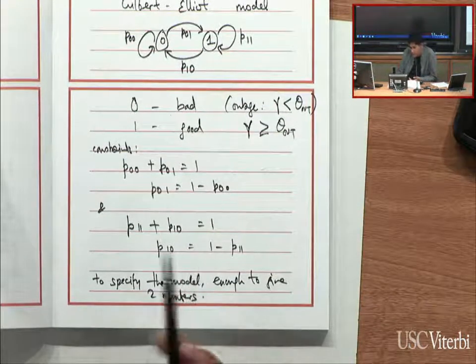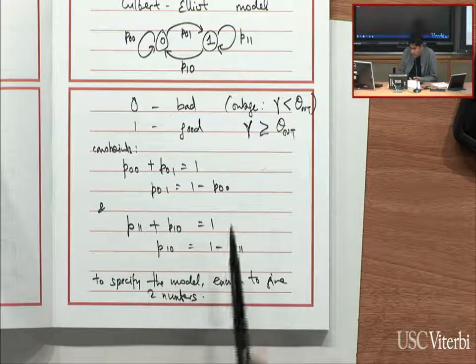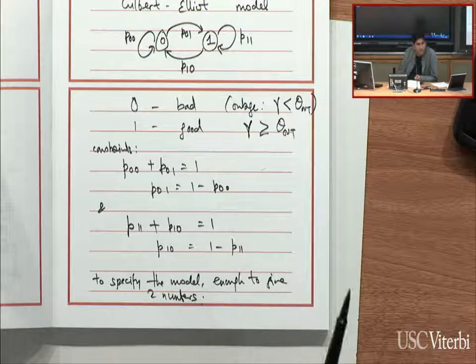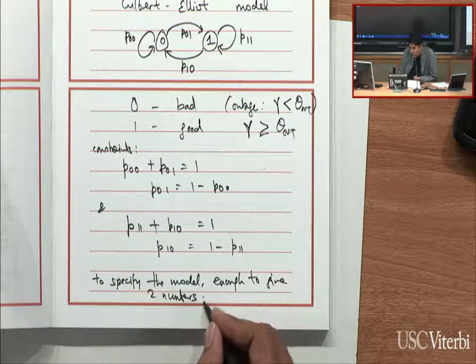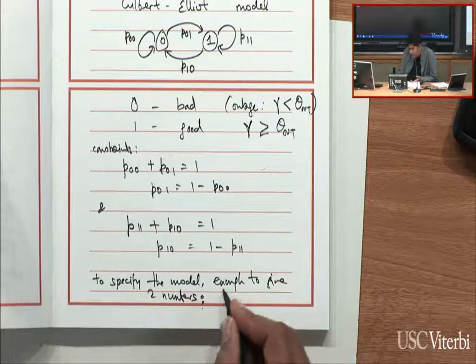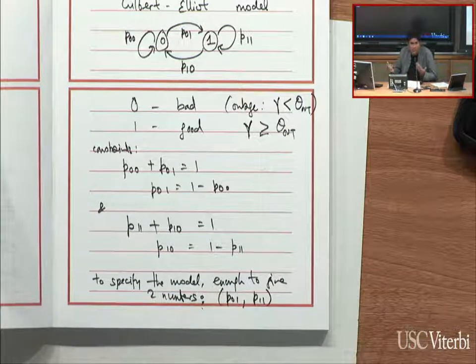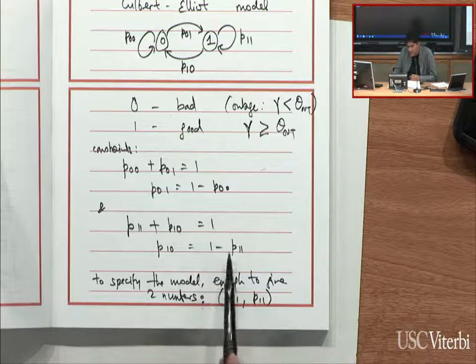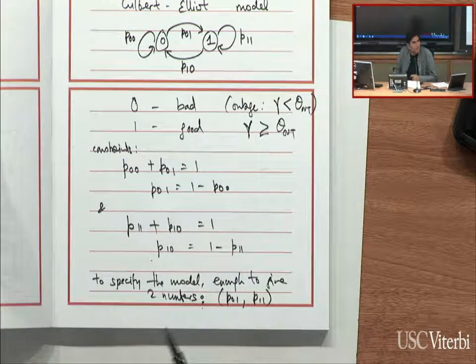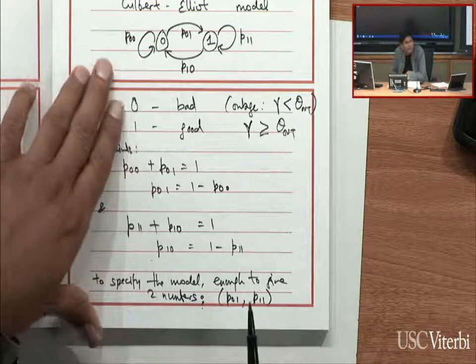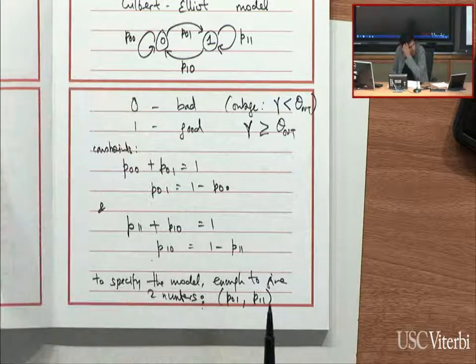I could pick P01 and P10, P00 and P11, or P01 and P11, and so on. By convention, a lot of the times we find it convenient to just look at P01 and P11. It's just a convenience, because we can always infer the other numbers for each pair from it. So if I give you this pair of numbers, I've fully specified the model.